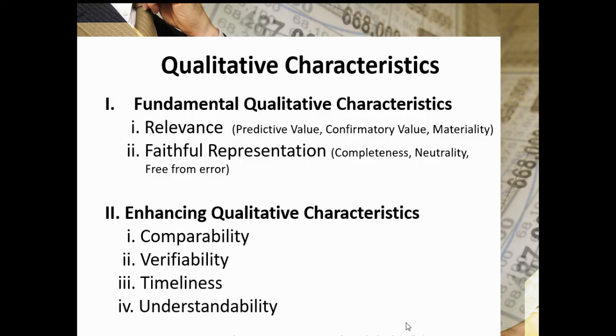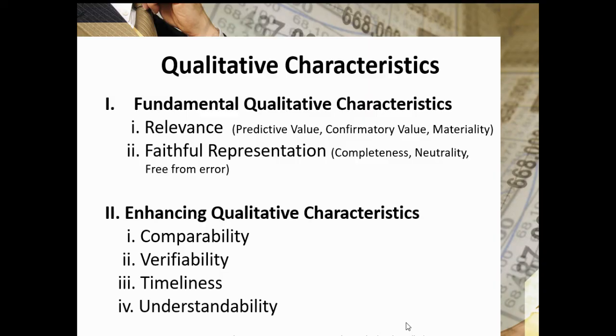Pag confirmatory value naman, or tinatawag na feedback value, this concept is related to the predictive value. Information has a confirmatory value if it can help users confirm their past predictions. And lastly, materiality.